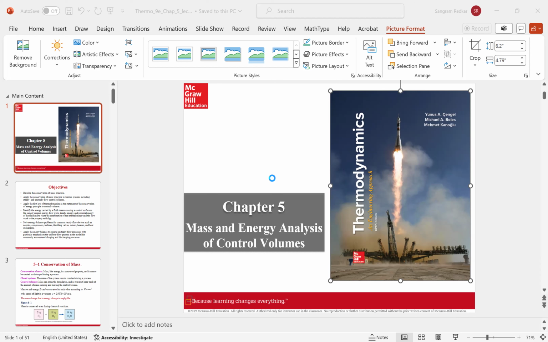A control volume is where mass can cross the boundary, and you need to take into account how much mass is coming in and how much mass is going out. And again, this is a very simple example. Say if you have hydrogen and oxygen, and they react with each other, you get H2O. But please understand, the mass is going to remain constant.